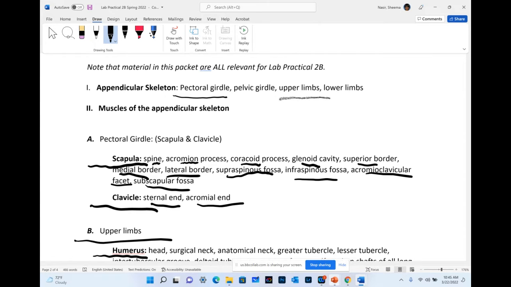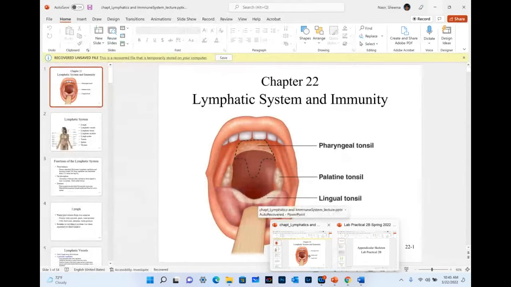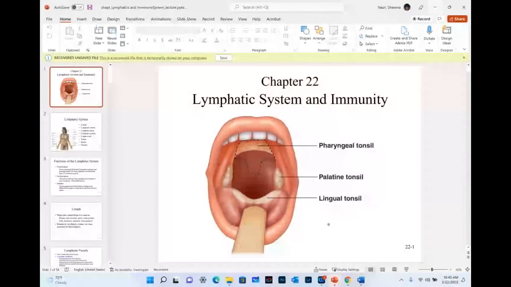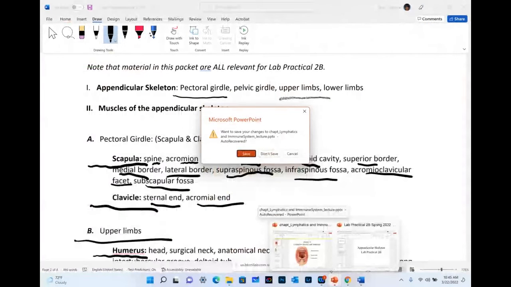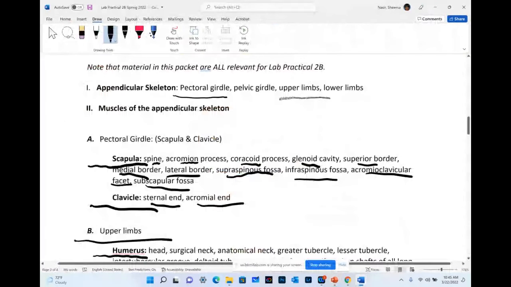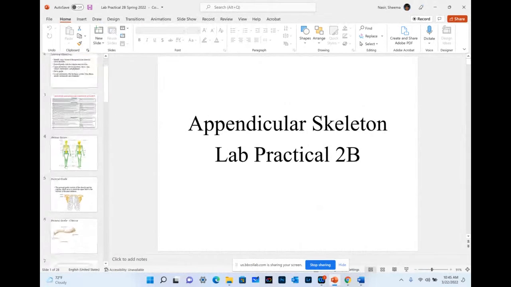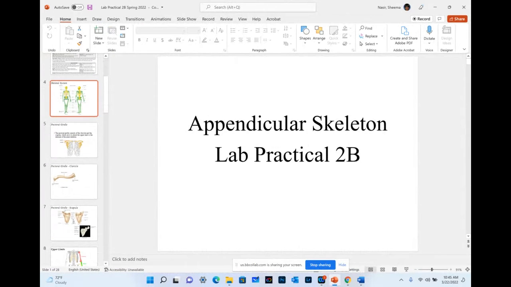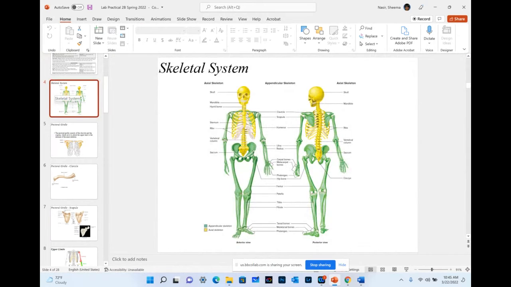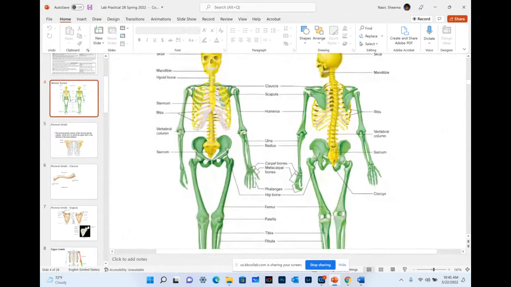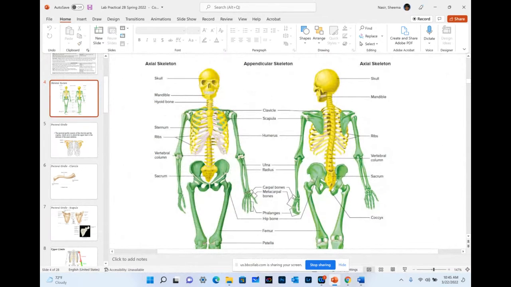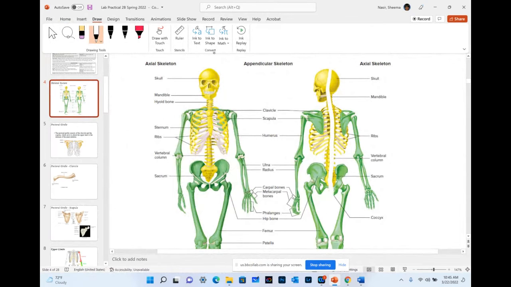Okay, so now let's look at our appendicular skeleton. We did the axial skeleton, the yellow, that makes your axis, right? It makes your axis in the middle, center.